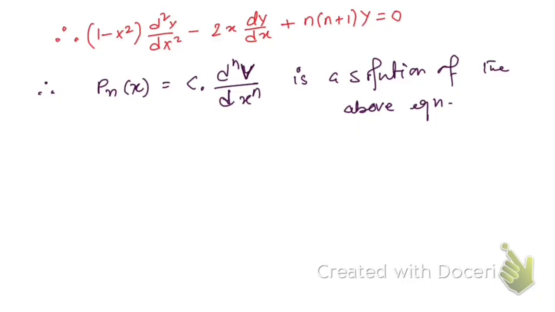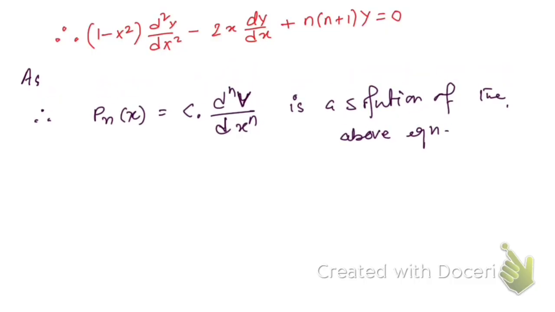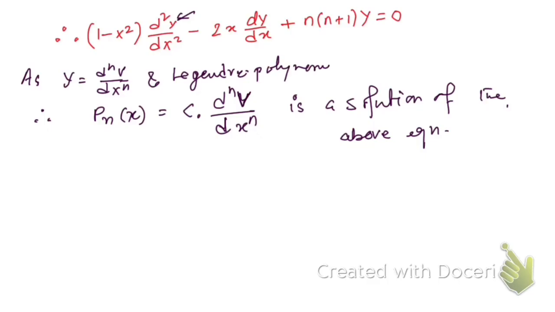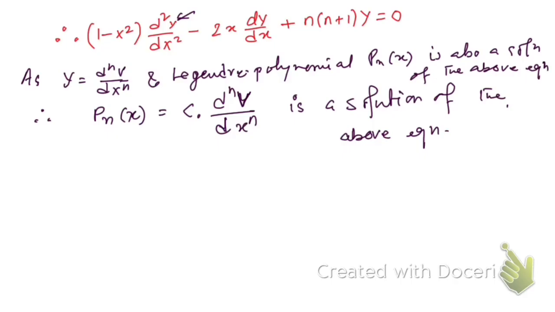We can mention one more thing here: as y is equal to the nth order derivative of v with respect to x, this must be a solution, and we know this Legendre polynomial Pn of x is also a solution of the above equation. Therefore we can write this way. Hope you have understood this.